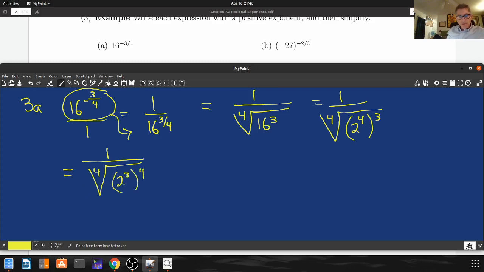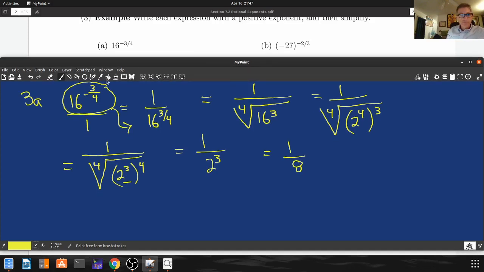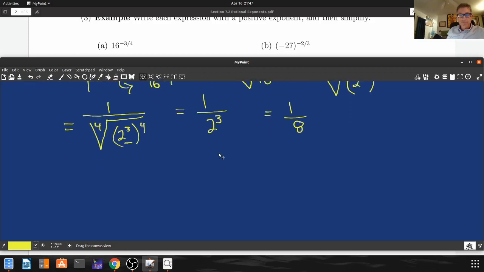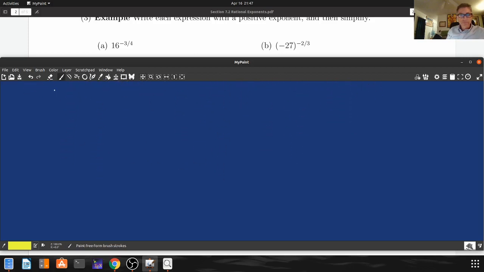So now I can use my simplification, because that's the 4th root of some number raised to the 4th. So the answer is just that number, 2 to the 3rd, and that's equal to 1 over 2 times 2 times 2, which is 8. Now 3b.